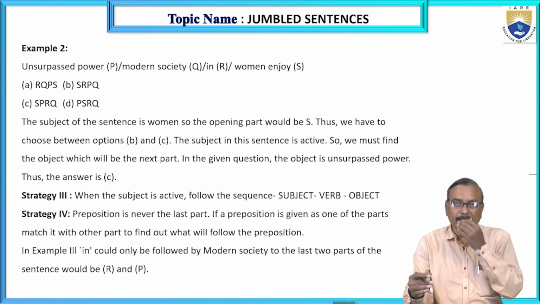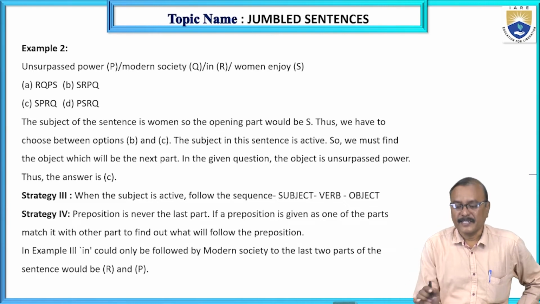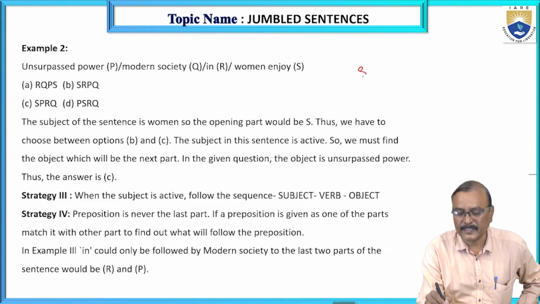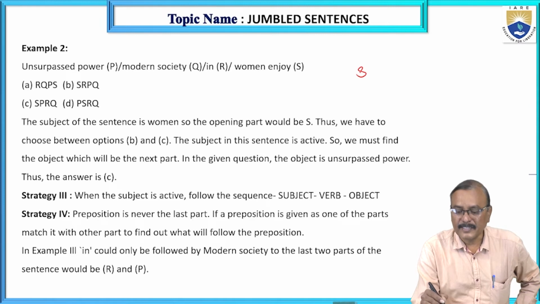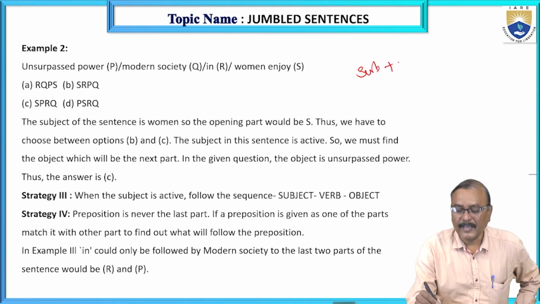Now we can do some more examples. First, you should know the sentence structure. Generally, the sentence structure is: subject, then helping verb, then main verb, then object. If the object is not there, complement.